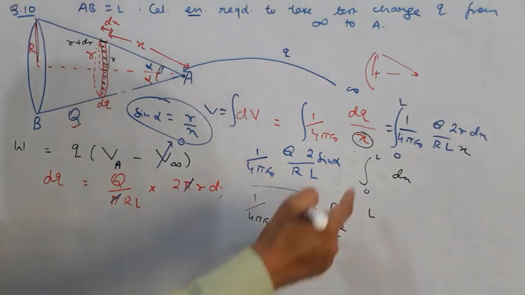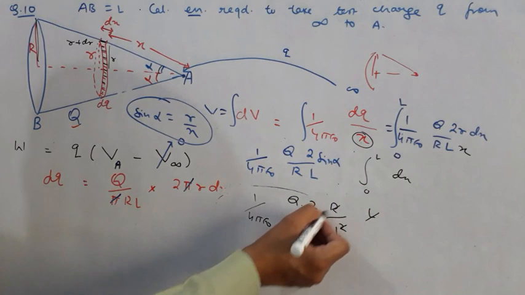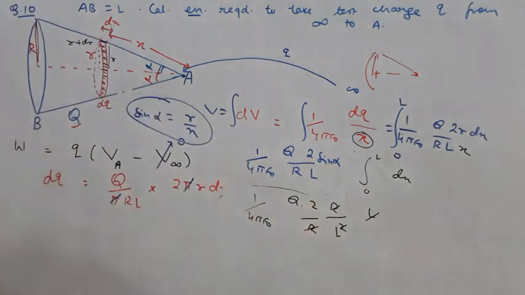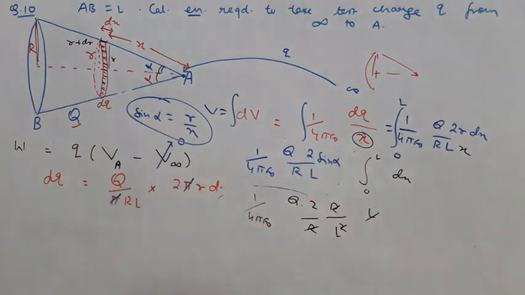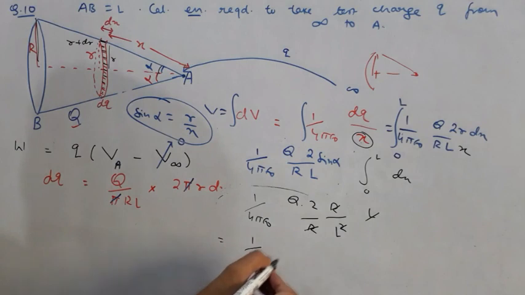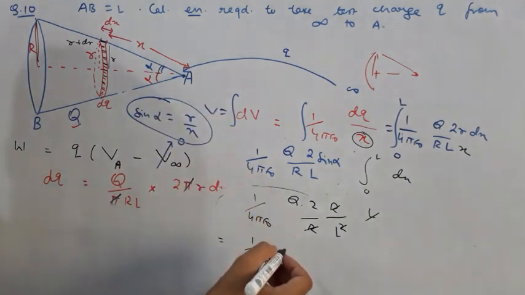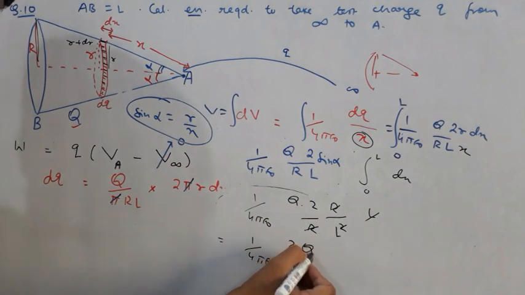Integration dx will become x. From 0 to L it becomes L. So 1 L will cancel, R will cancel. So it's just a matter of simplification, students. That part I missed, that's why we got the wrong answer. So it becomes 1 by 4 pi epsilon naught. The correct answer will become 2 times that, q upon L.